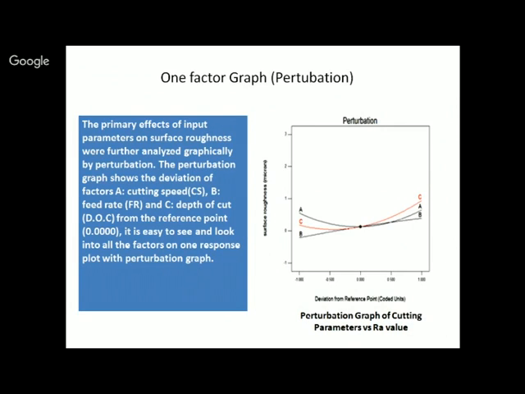You can see that the deviation of the C curve is much more than A and B. That means depth of cut mostly influences your surface roughness parameter. So these are the graphs which I have made for only surface roughness. Similarly, you can go for the other responses, my tool vibrations as well as my tool life.